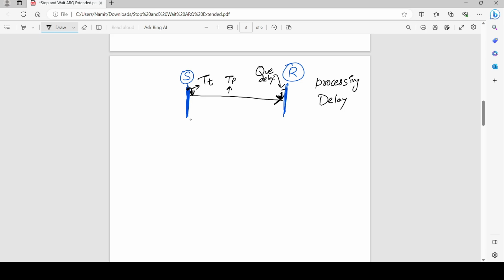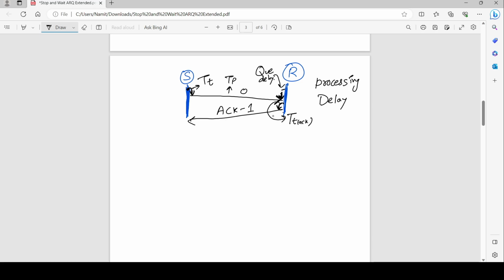So we usually draw acknowledgement like this, without caring about anything. So if it has sent 0, it is expecting acknowledgement 1. Now when this acknowledgement is there, the amount of time taken by the receiver to place this acknowledgement bit onto the channel is again known as transmission time of your acknowledgement.